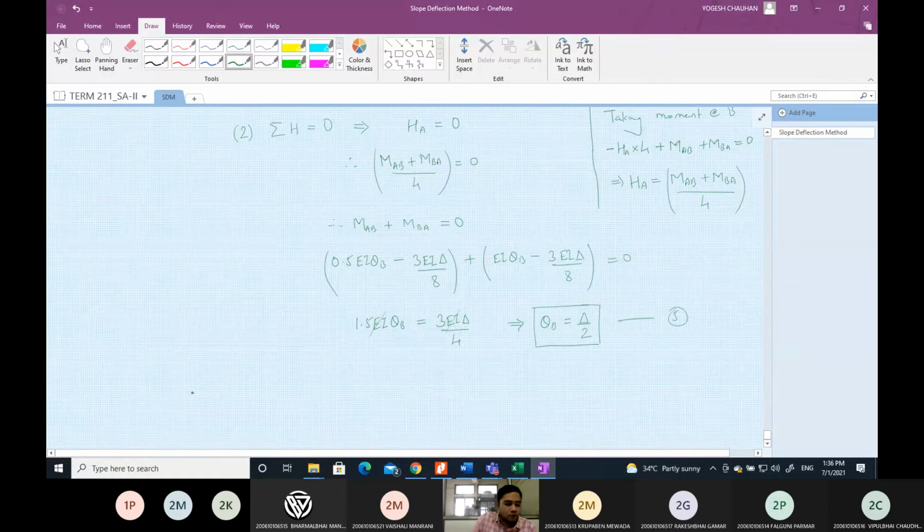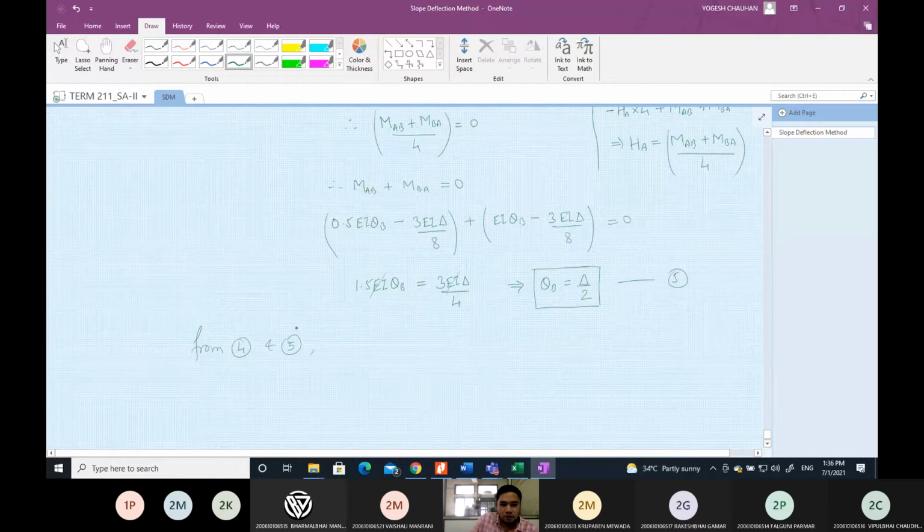Number 5. So from 4 and 5, we can find the value of EI theta B will be equal to 27. Just verify these values at your end. EI delta equals 54.